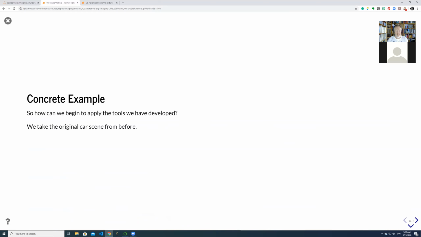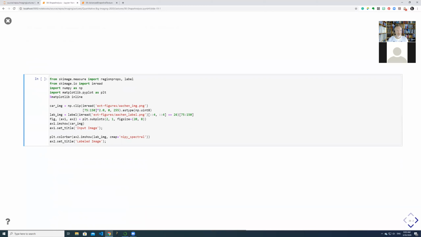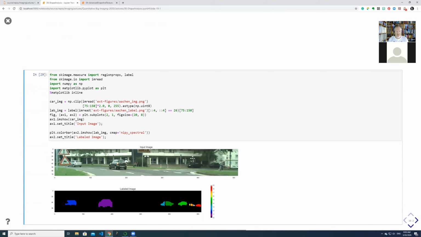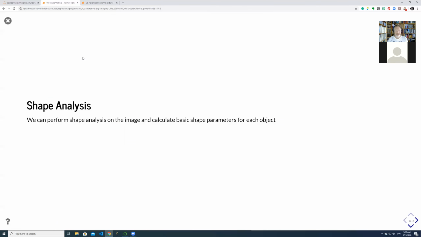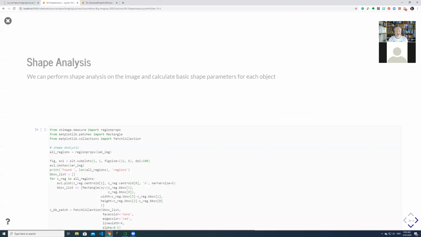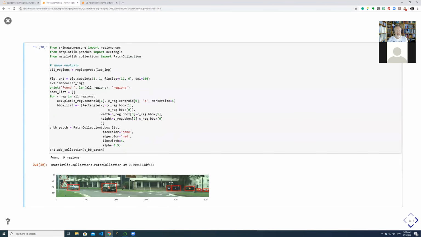So let's see what we have in the original car scene. Here we start this little example again. There we have the labeled cars, and we want to put some, let's see, I got it wrong. So we do some shape analysis of these cars, and look what we get. First of all, we get all the bounding boxes.